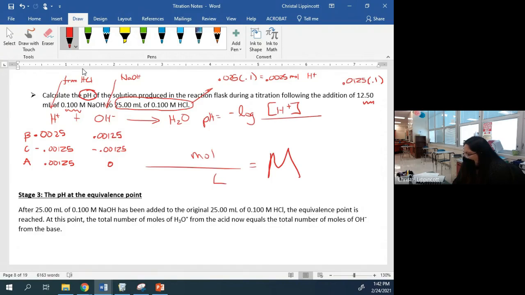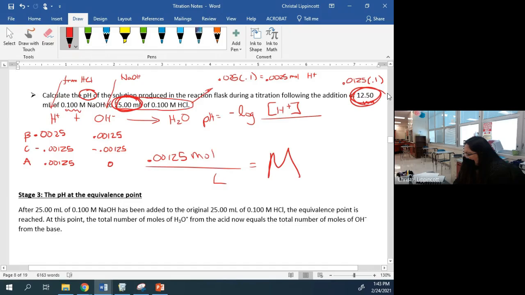So I have my moles here, 0.00125. How do I get my liters? How many liters do I have? 0.025, that's my HCl. But what did I do with these two things? I mixed them together, didn't I? So I have 25 mL of this, and I have 12.5 mL of this.